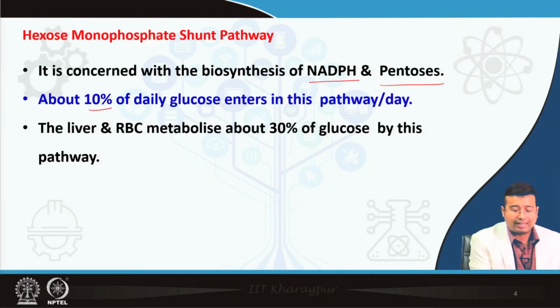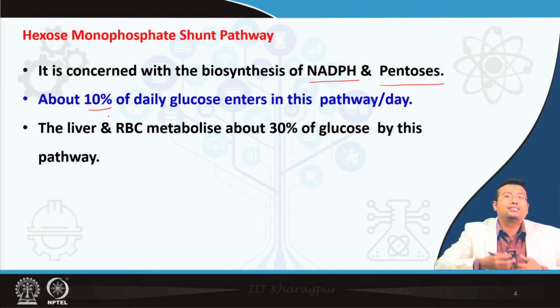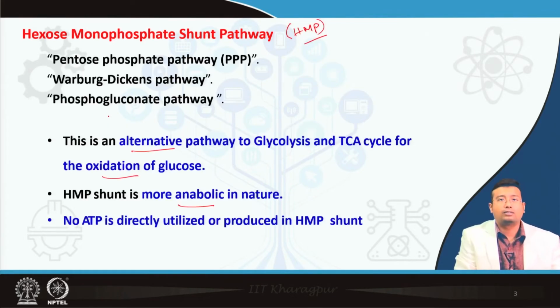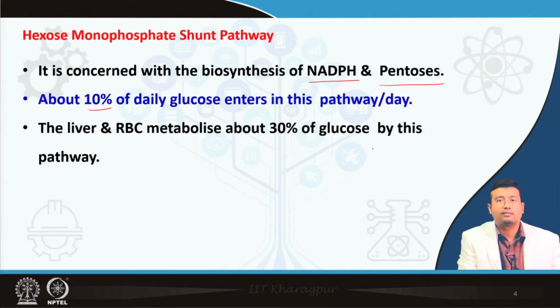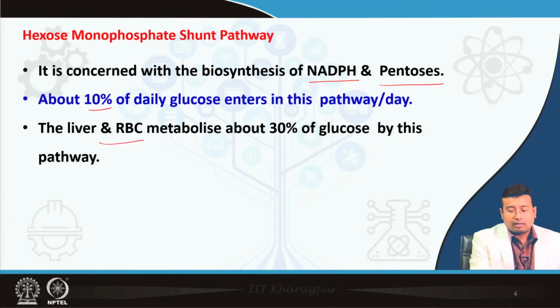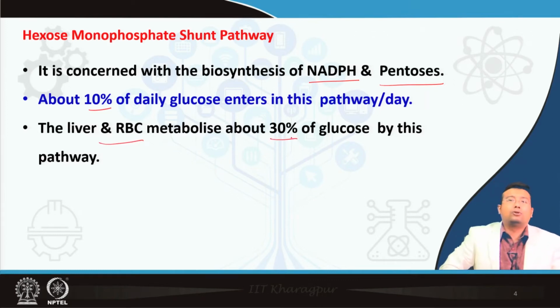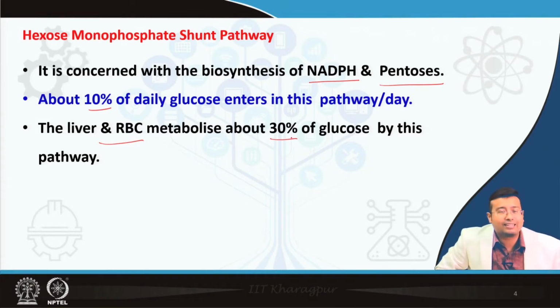Roughly 10% of daily glucose. Where does the other glucose enter? Of course, through the other pathway, that is via glycolysis and TCA cycle, the main path, 90% goes there, here 10%. Next, RBC and liver metabolize more than everyone, 30% of glucose by this pathway. So, these are a few facts that you need to remember, and these may crop up here and there as multiple choice questions. So, be mindful.